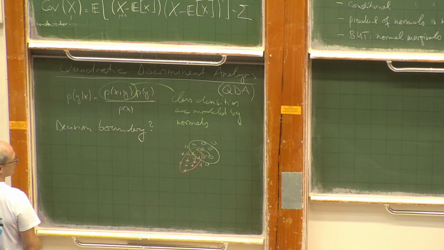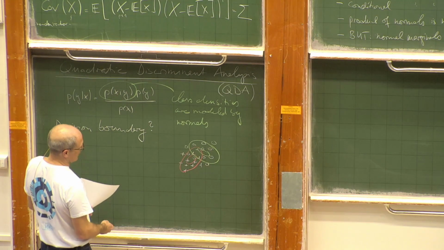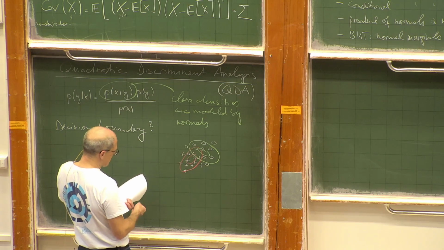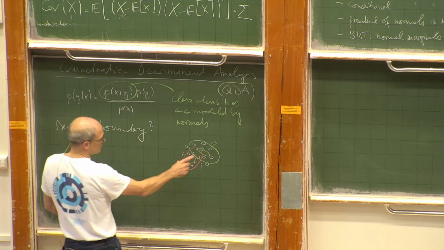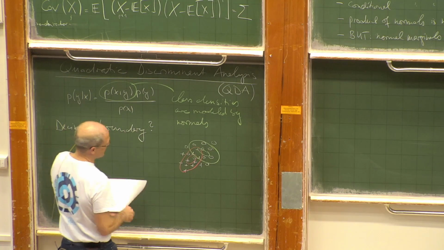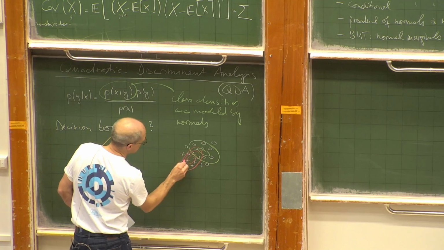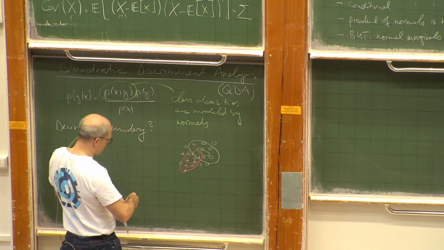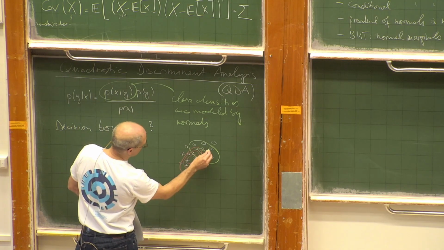And now the question is, what will the decision boundary look like? And well, because these are isocontours, I can intersect the respective isocontours.